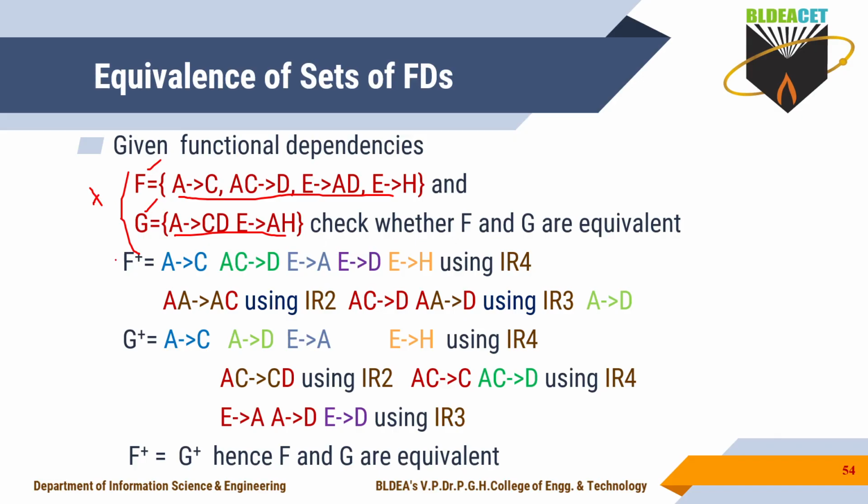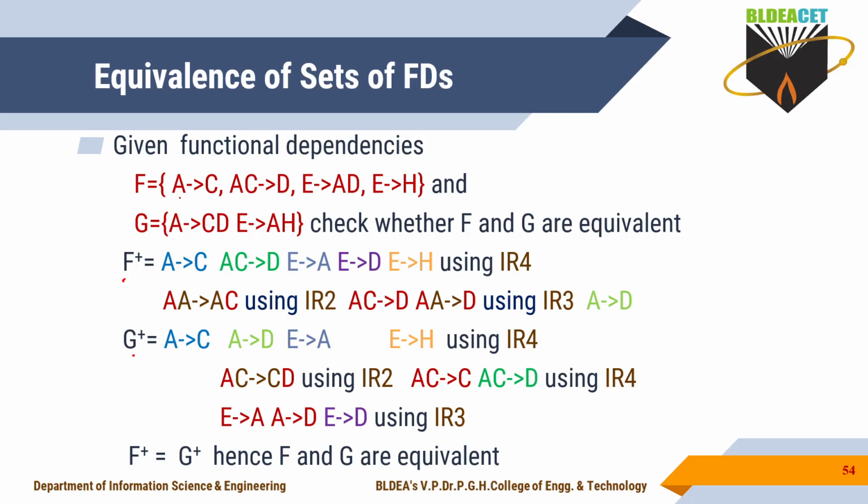First you have to find the closure of F and the closure of G, and later you check whether the same functional dependencies are available in F and in G. If they are, then we call these two equivalent. That's why here we are finding the closure F plus and G plus.